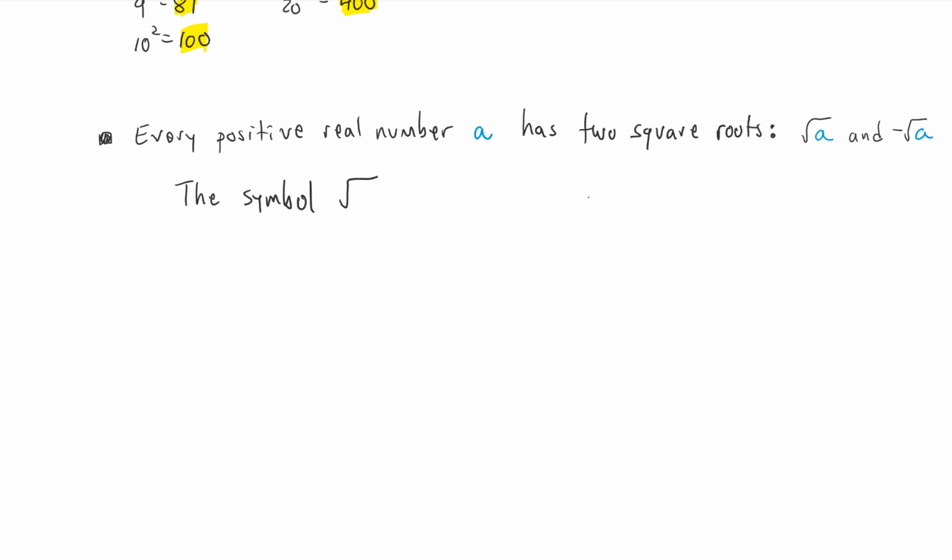This symbol here represents the positive, or the word you're going to hear me say more often, principal square root.